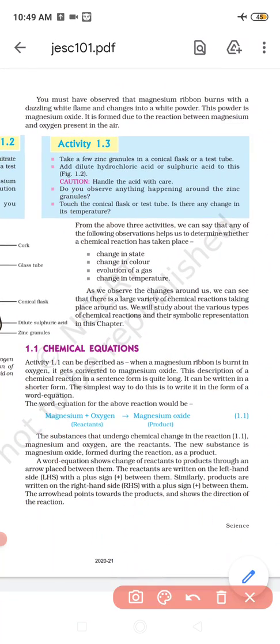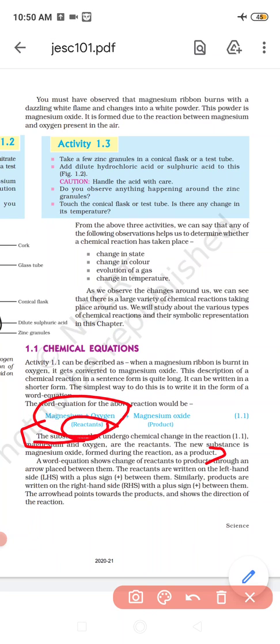In this case, magnesium and oxygen are the reactants. When in activity 1.1 you took the magnesium ribbon and burned it in the presence of air, magnesium and oxygen are known as the reactants.